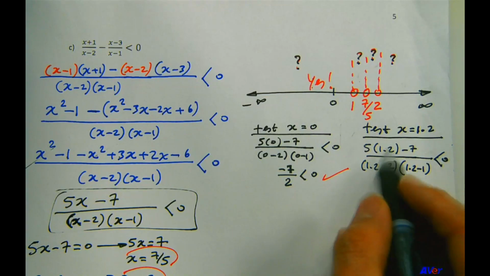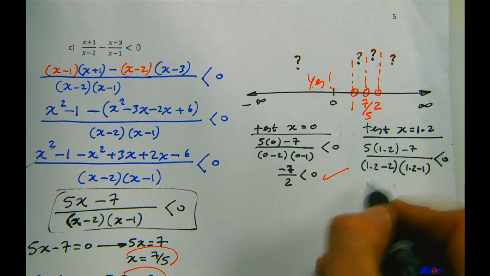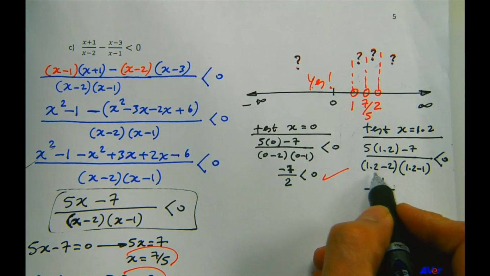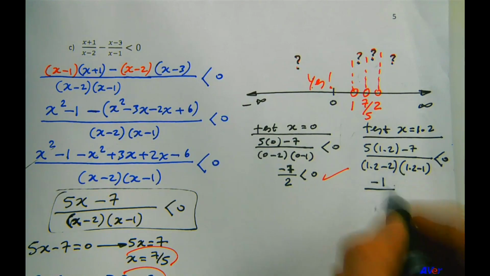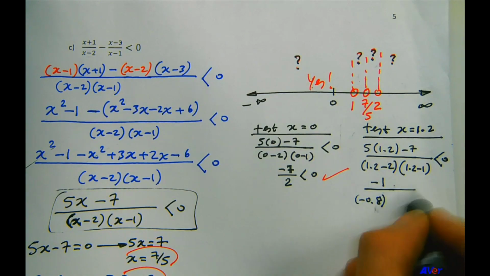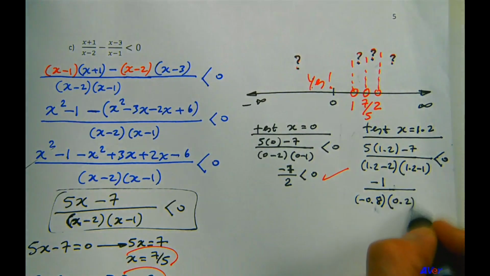So that's 5 times 1.2 is 6, positive 6. 6 minus 7 is minus 1, divided by 1.2 minus 2 is minus 0.8, times 1.2 minus 1 is 0.2.